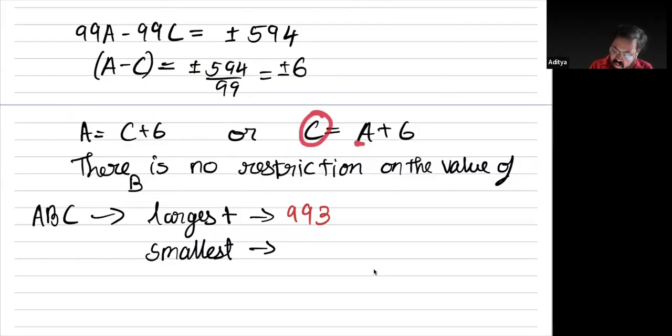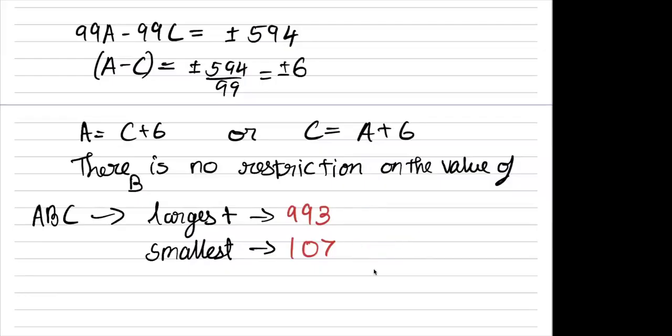So over here, you can put A as low as 1. You can't put A equal to 0, and C automatically becomes 7. So the smallest value becomes 107, because again we have no restriction on the value of B to make it as small as possible. So these two are the correct answers.